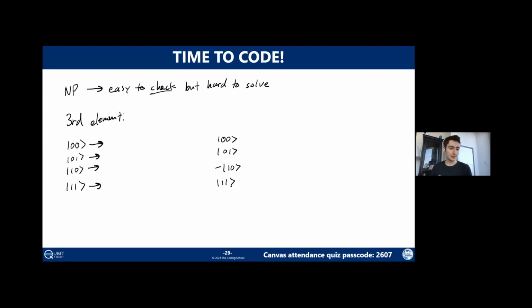Okay, so what I'm going to do here is I'm first going to apply a control Z gate, just like before. So no matter what element you're looking for, your oracle is always going to involve a control Z gate. But now, in order to get to the state that I want, I need to somehow turn this state with the minus sign into the third state.